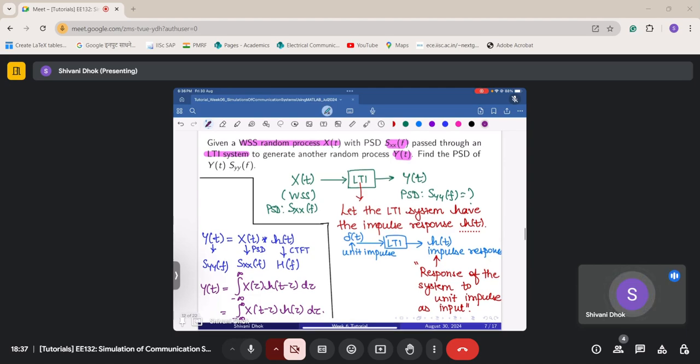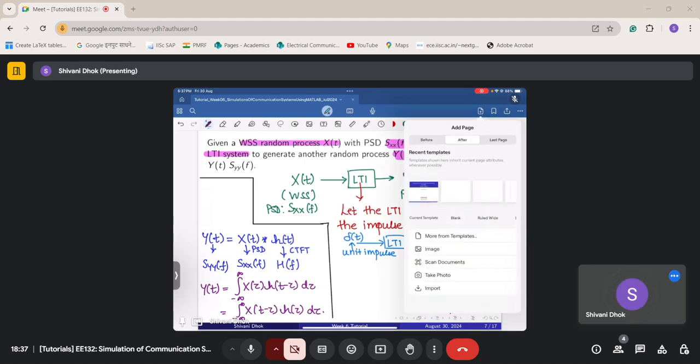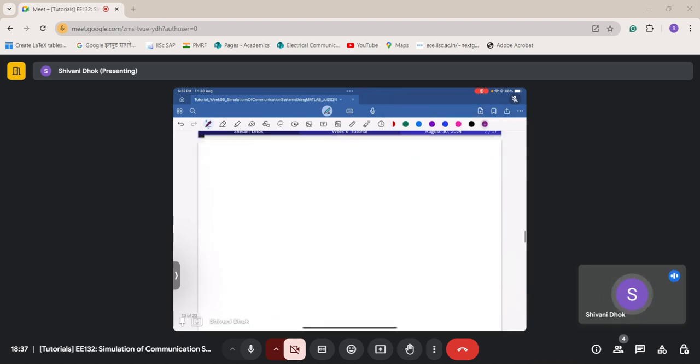Now what we need to find out is Syy(f). Another thing that we know is that Syy(f) is the Fourier transform of Ryy(tau).